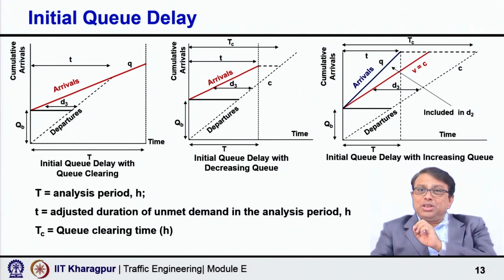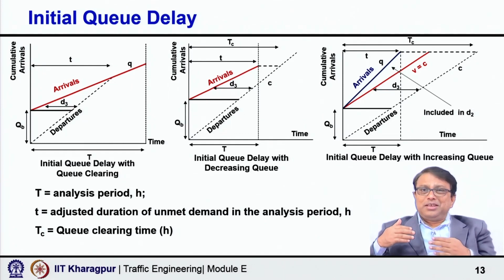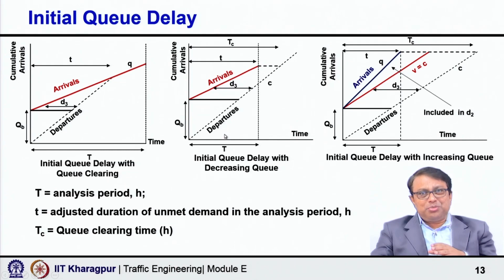It will be QB plus something. What is the plus value? At the end of this analysis period, whatever Q you get, that Q length will be higher than QB in this case. In the second case, after this analysis period, your Q length will be lesser than QB, but not 0. In the first case, it will be 0.